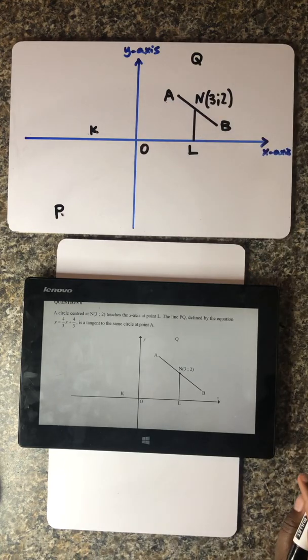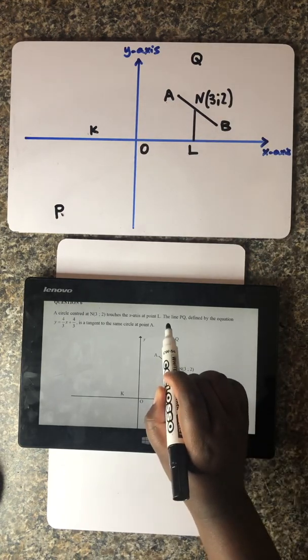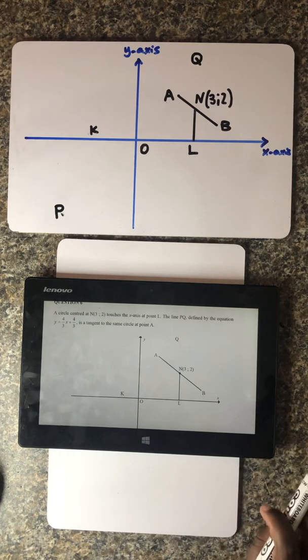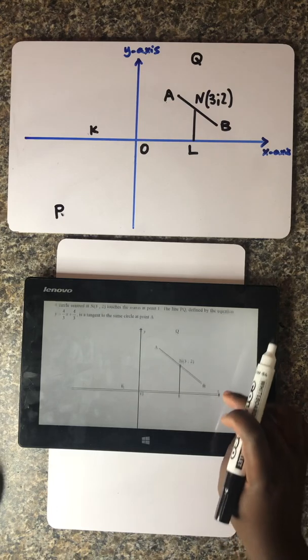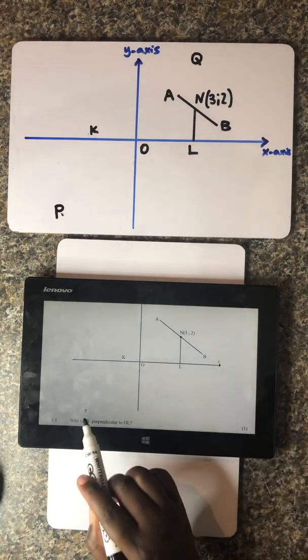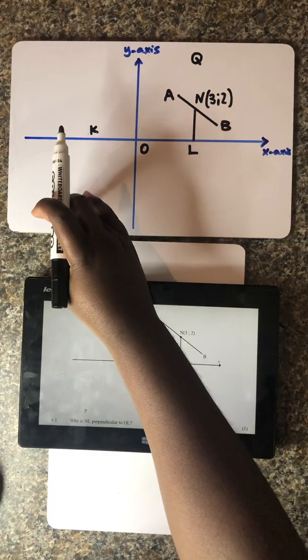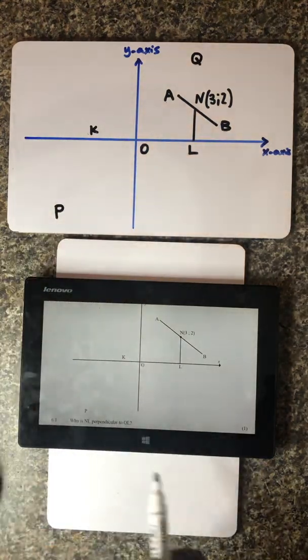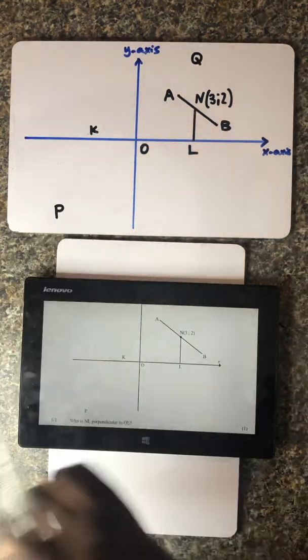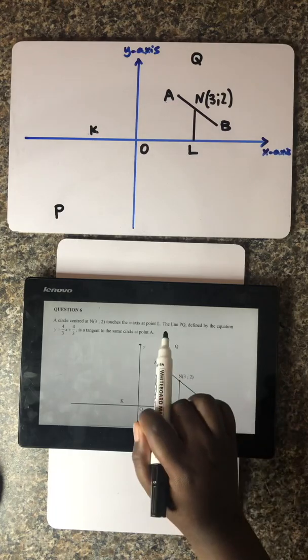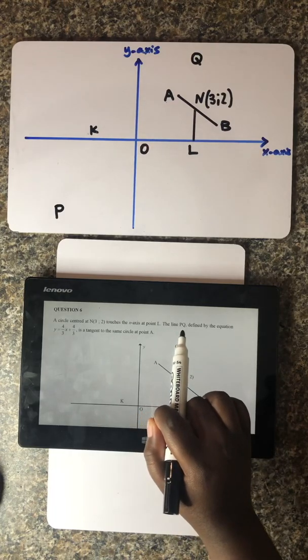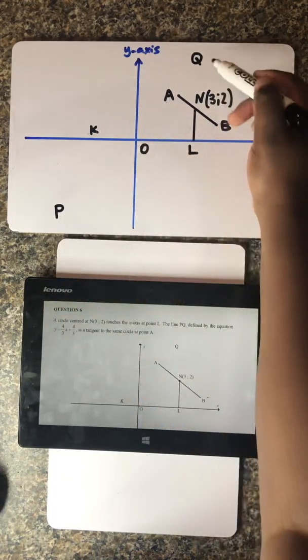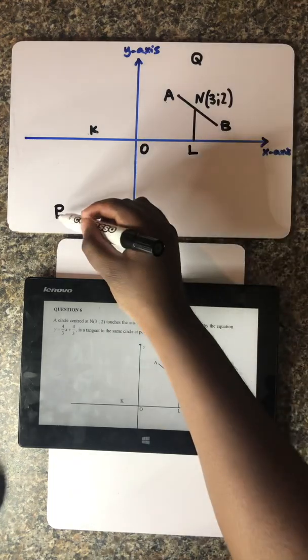So they say the line PQ. Where is P? There it's P. I hope you can see on the diagram that I drew over there that this is point P, and this is point Q, so they're saying line.